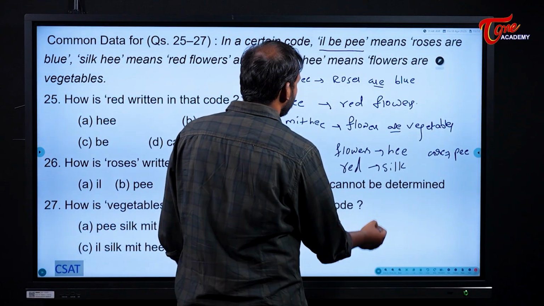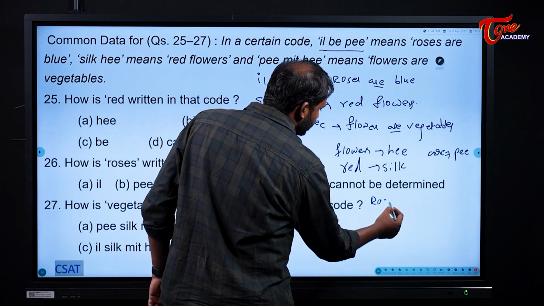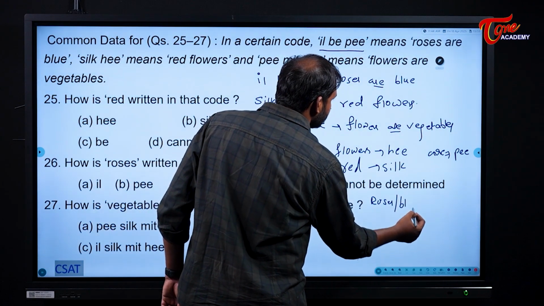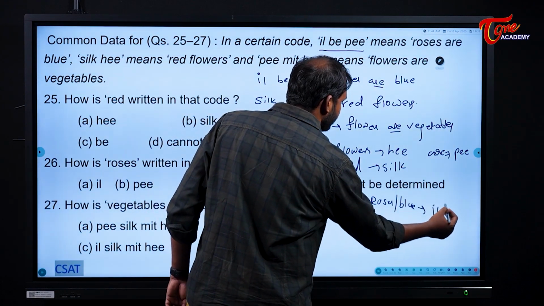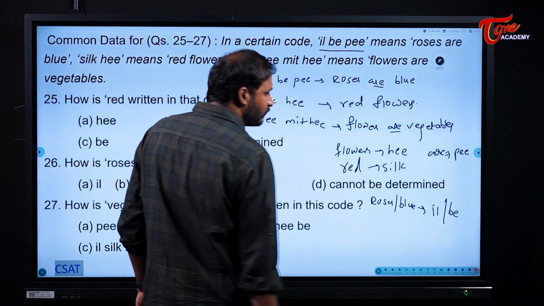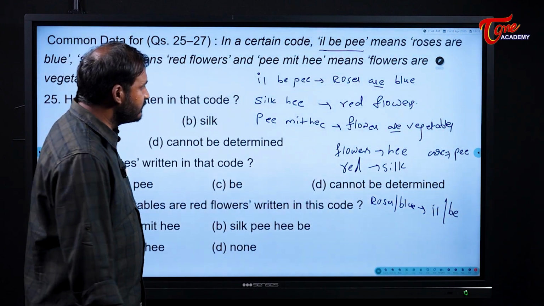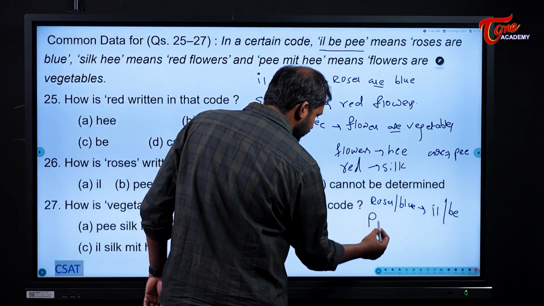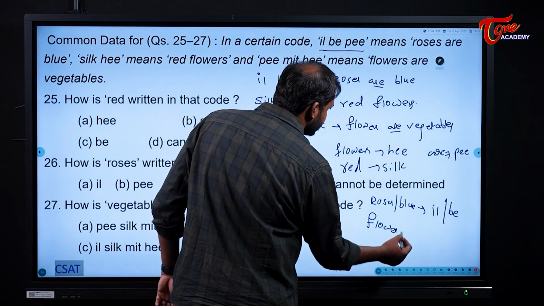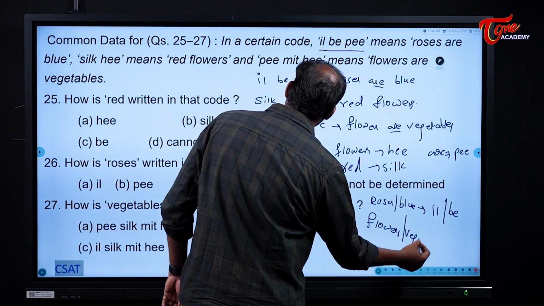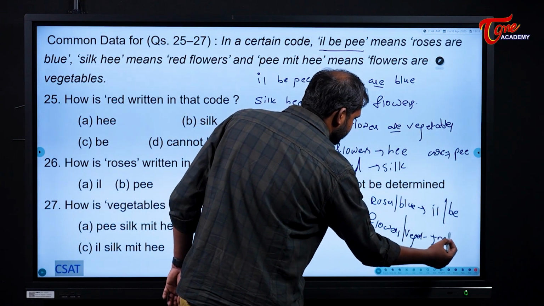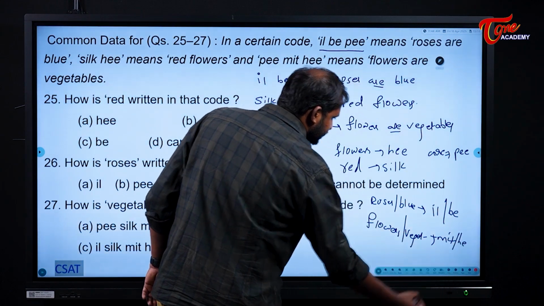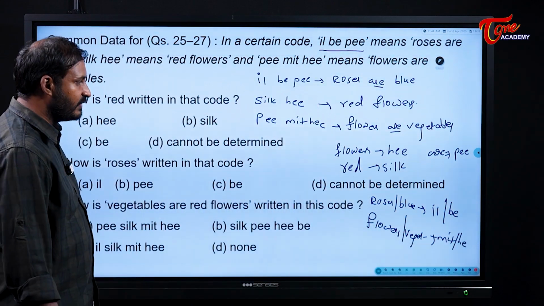When it comes to roses or blue, it can be IL or B. We cannot say exactly what is the code for which word. Similarly, when it comes to flowers and vegetables also, we cannot say exactly what it is, MIT or he. We cannot say exactly what is the code for which word.